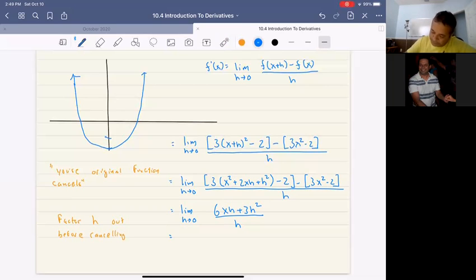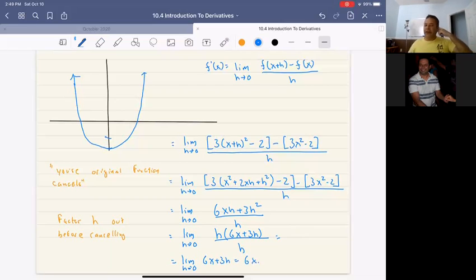So factor out that h: 6x plus 3h, divided by h. You get 6x. Oh, sorry. Write it down here. The limit as h goes to 0 of 6x plus 3h, which equals 6x.